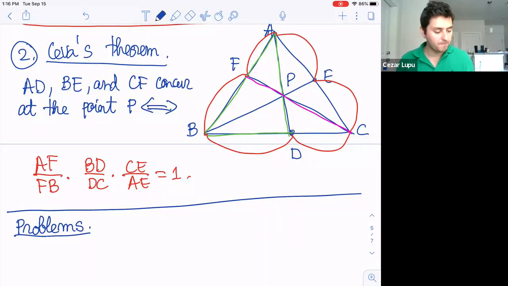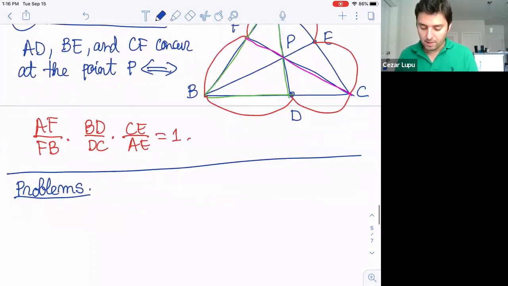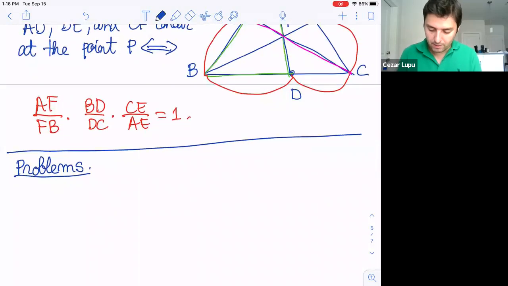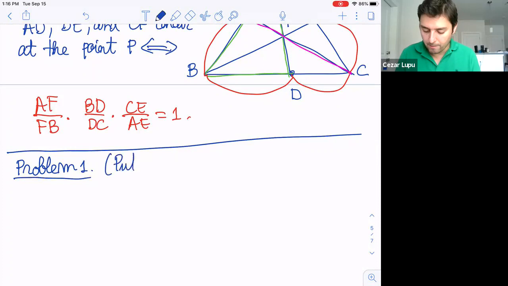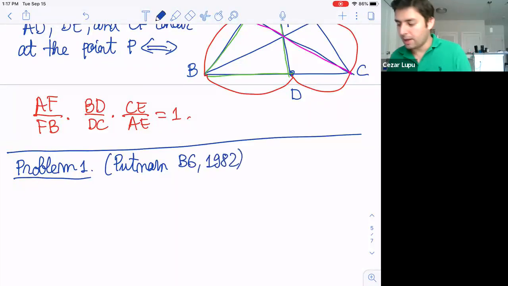Okay, I'm going to hit you hard with the following problem. This was, in fact, let me do problem 1. Ouch. And this was a Putnam B6, okay, 1982. And the problem states the following. Let me see the statement here.